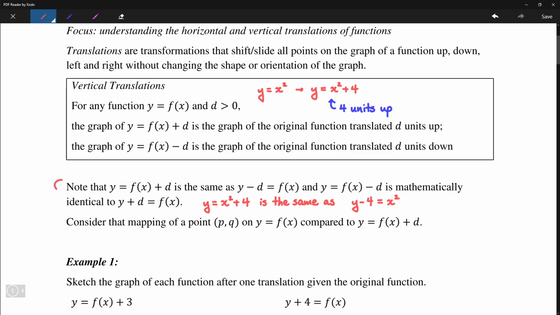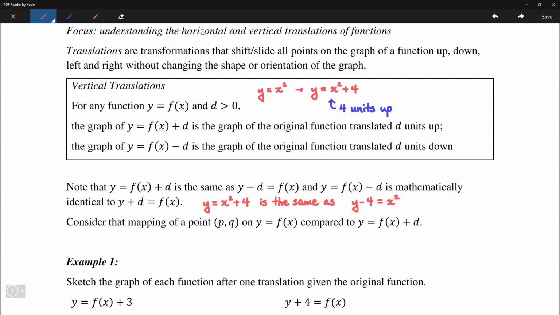So this statement here kind of just generalizes that result, and the reason why we want to do that sometimes is for formatting more than anything else.